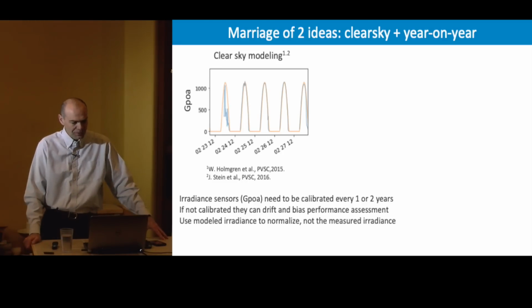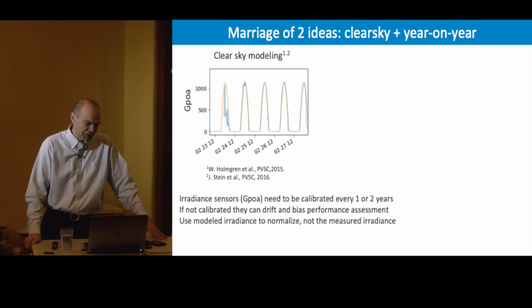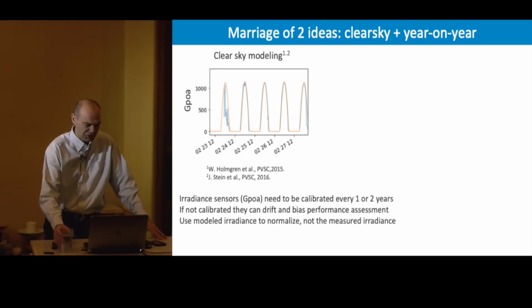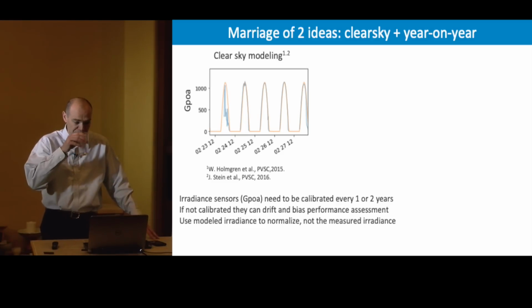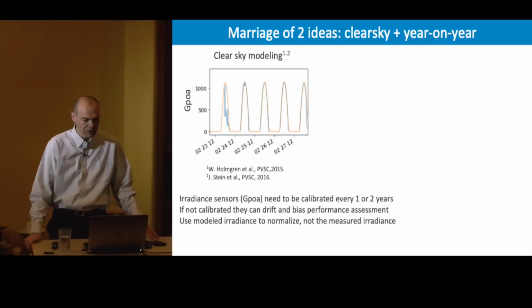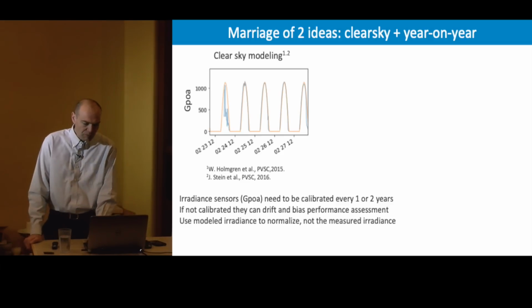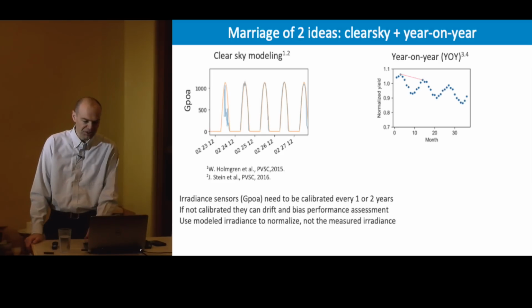And what you can see here in this graph is the blue lines are the measured irradiance and the orange lines are the modeled irradiance. So on a clear day, it actually looks pretty good. And then in the next step, we only look at when the sky is clear.